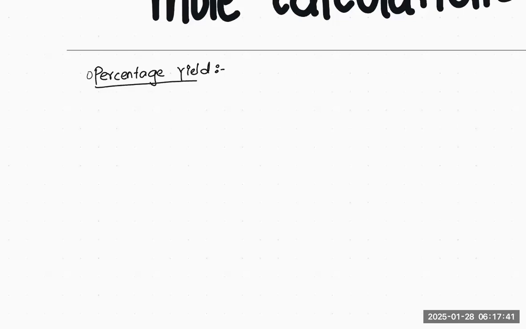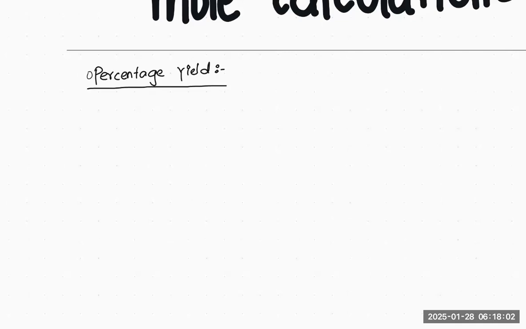So when we were performing the chemical reaction, we calculated that this is the volume of product we should have gotten. But instead, we got a different value, a lesser value. Okay. So this is basically referred to as percentage yield.